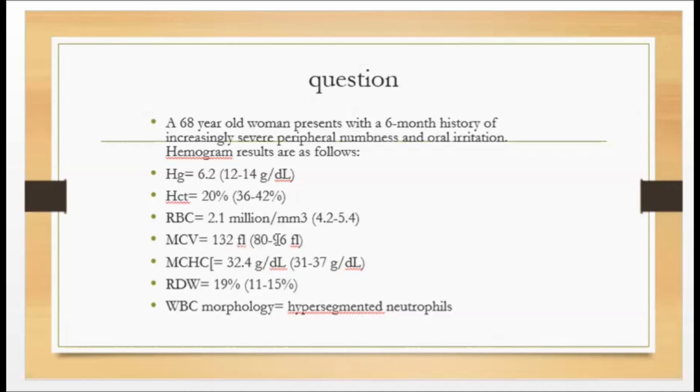Did you see that? 132. Normochromic, normal, meaning normal is 32 to 37, and they are within 32. So remember, macrocytic, normal. That is your folate and your B12 deficiency.